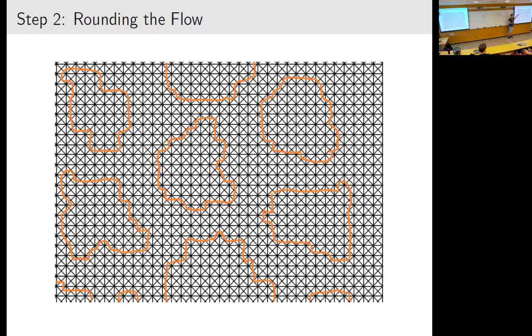Maybe high percentage here is like 40%. I don't know how much this is covering, but you do some kind of partial covering of the vertices with these nicely spread out, not too complicated blobs, which you can find in a nice way.